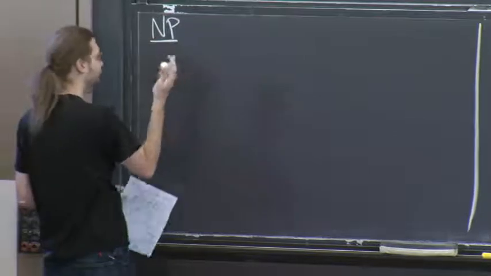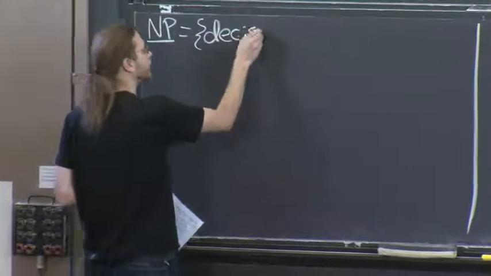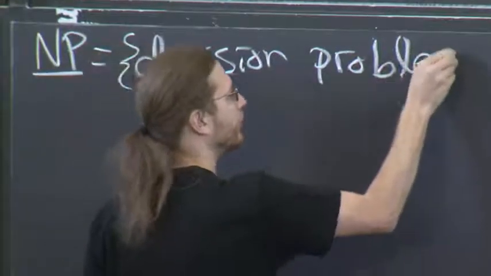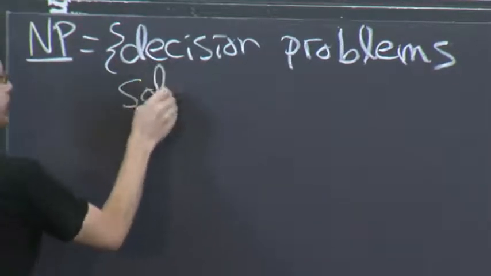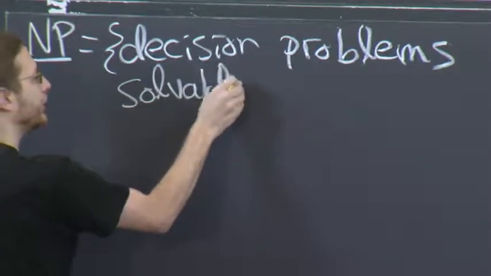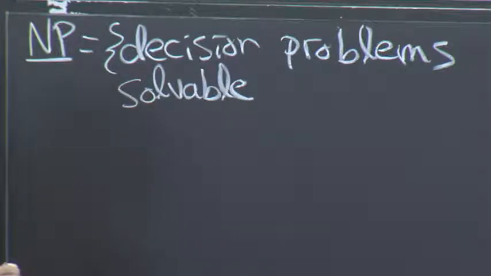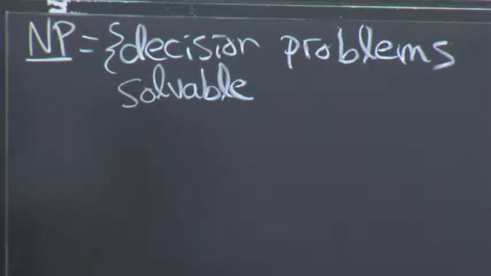Not formal definitions, but high-level definitions. So just like P, EXP, and R, it's a set of decision problems. And it's going to look very similar to P. NP does not stand for not polynomial. It stands for non-deterministic polynomial. We'll get to non-deterministic in a moment.